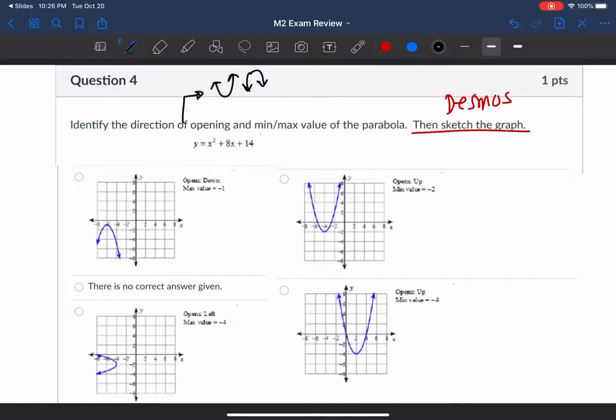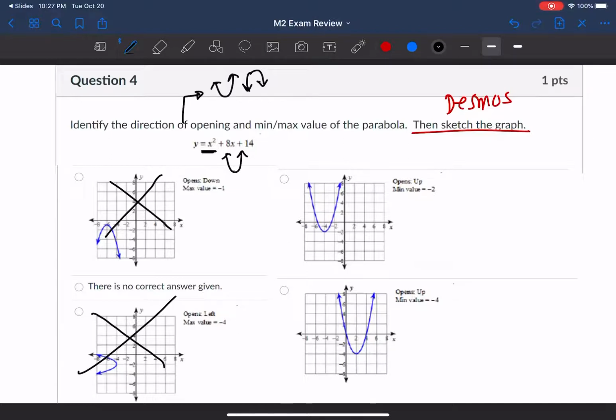When you look at the third one, it's opening this way. We never learned this, so this is not the answer. When you look at the leading coefficient, it's a positive 1, so we're supposed to have a regular U shape. So that's not the answer. Okay, it opens up.